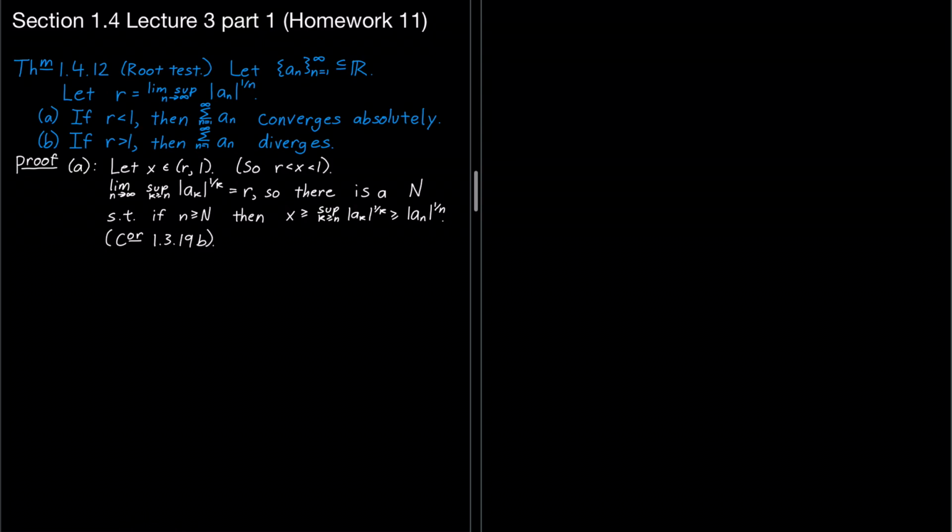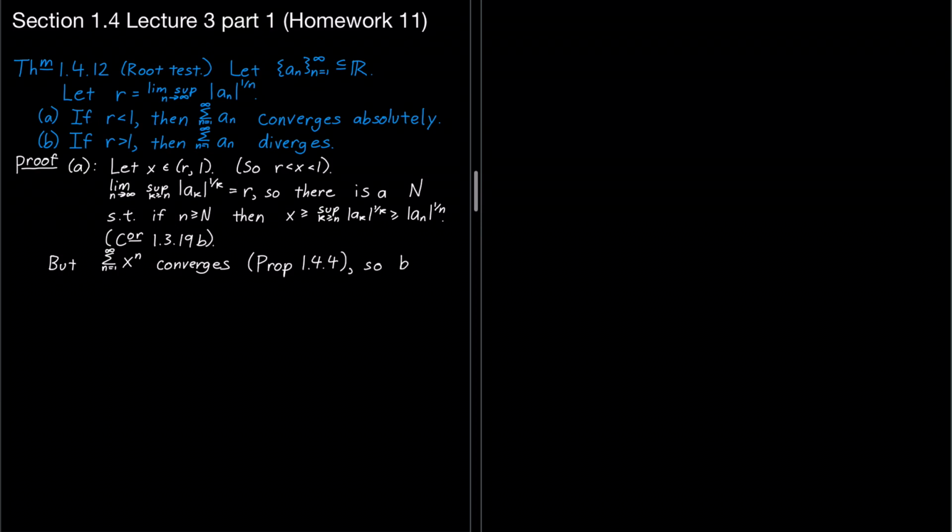All right, then but this series, the sum from n equals 1 to infinity of absolute value of x to the n converges, and that is Proposition 1.4.4.